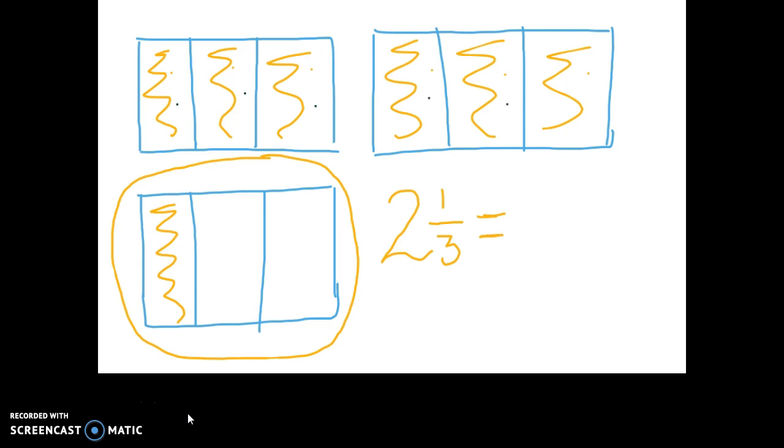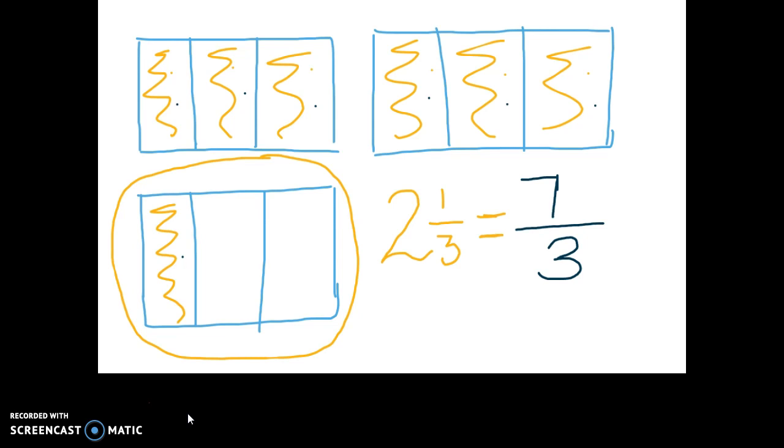So there are 7 that are shaded all together, but those pieces are divided into thirds, so my denominator is going to stay the same. My improper fraction would be 7/3, but the equivalent mixed number would be 2 and 1/3.